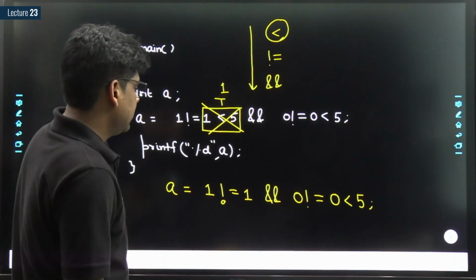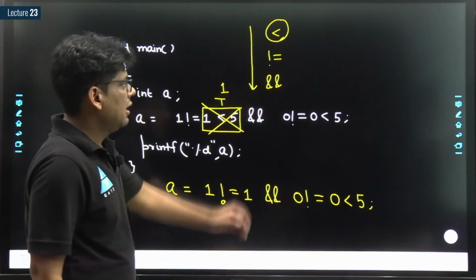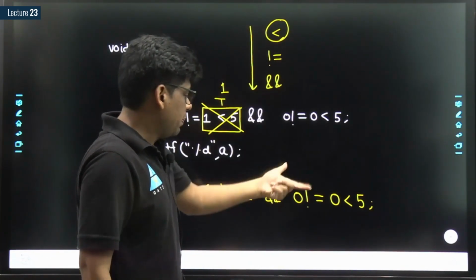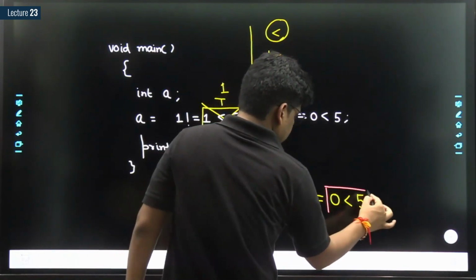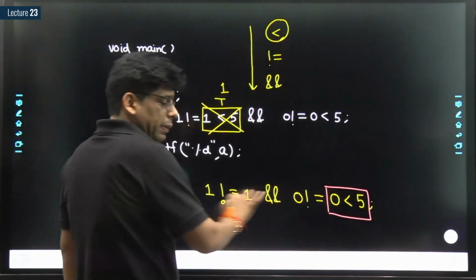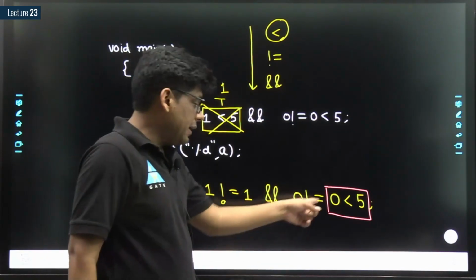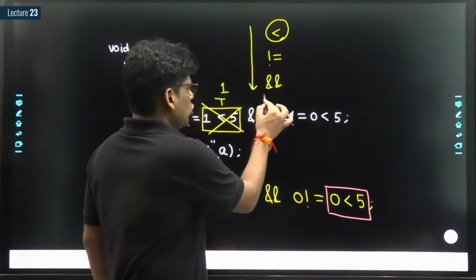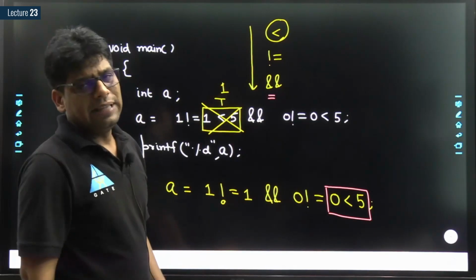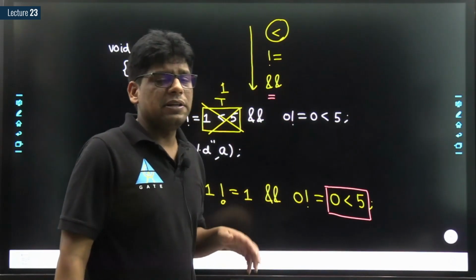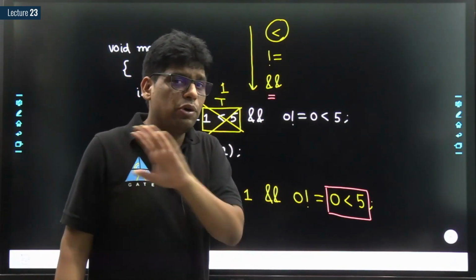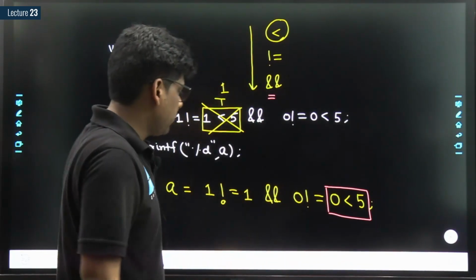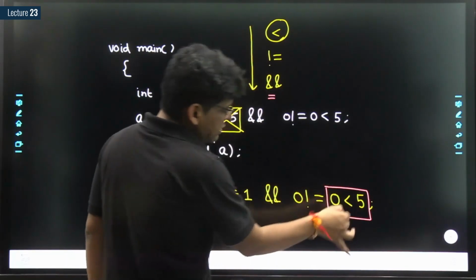Then, sir, which one will be performed first? Again, we have a relational operator. That means we need to perform this one first, because among all the operators, the priority is highest. I'm not talking about assignment because, among all the operators I have discussed till now, this operator has least priority. That's why I'm not focusing on the assignment statement. So tell me, is it true that 0 is less than 5?